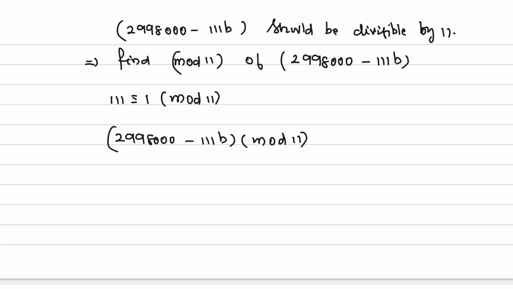You please connect these two. This will be 2998,000 minus b mod 11.